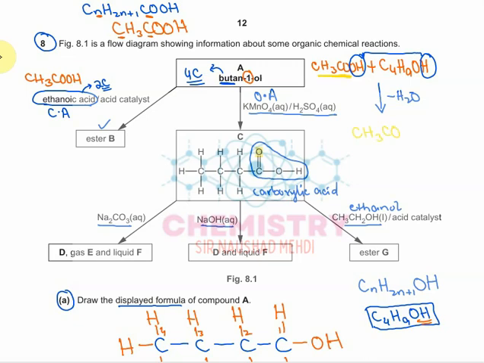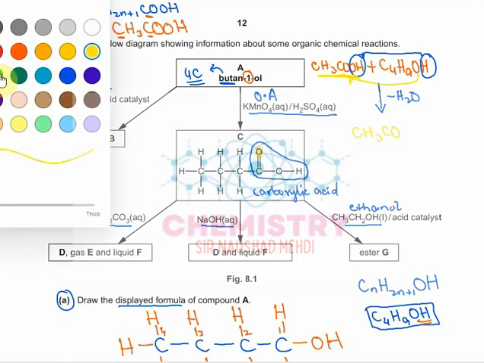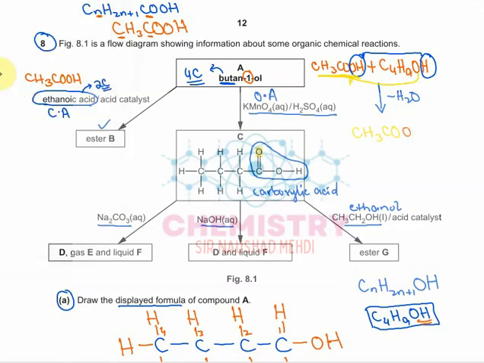CH3CO. Now this oxygen will combine with, because the hydrogen is removed from this side, the valency of oxygen is now unfulfilled. So this oxygen has to make a bond with the oxygen of the carboxylic acid. So you are getting this oxygen, and with the oxygen you write C4H9.